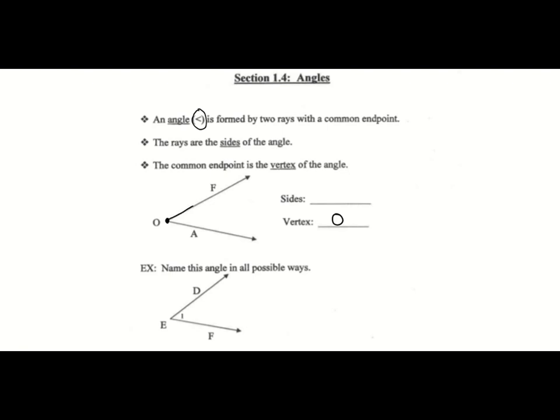So we have this ray, OF, starts at O, goes past F. And we have this ray, starts at O, goes past A, OA. And when we're talking about the angle is this part right here.